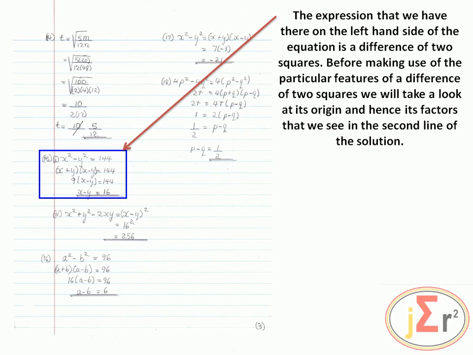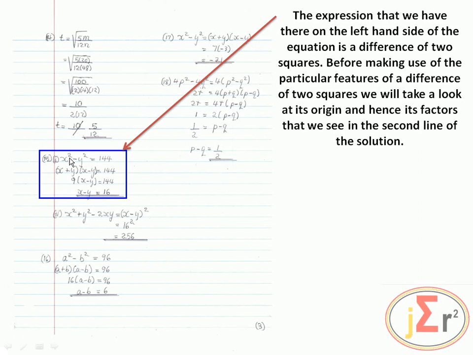The expression that we have there on the left hand side of the equation is a difference of two squares. Before making use of the particular features of a difference of two squares, we will take a look at its origin and hence its factors that we see in the second line of the solution.